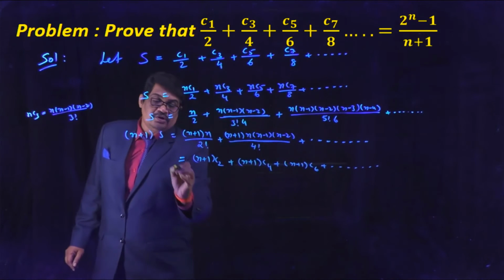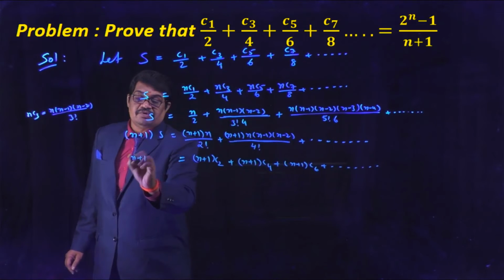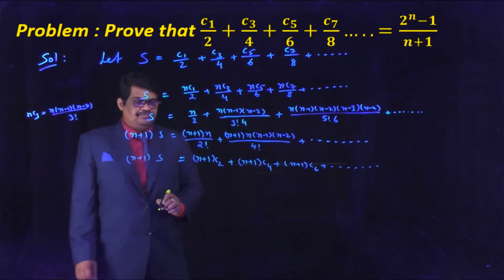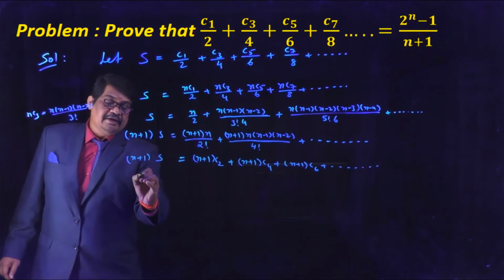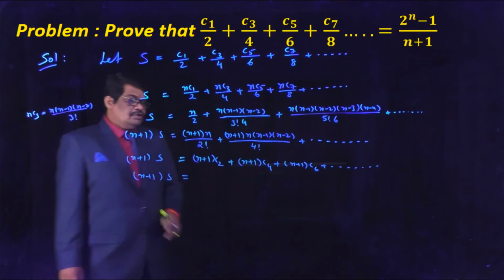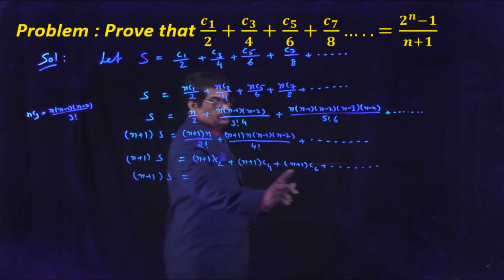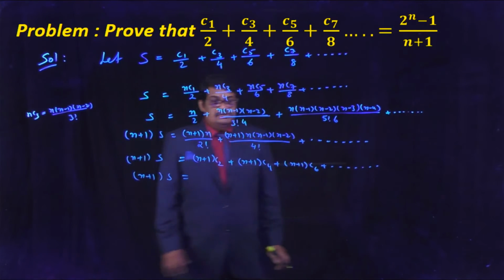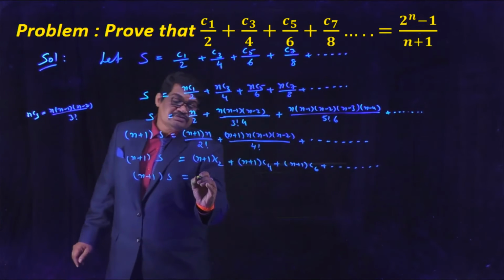Now the LHS n plus 1 into S is equal to C2, C4, C6 and so on. Now we add n plus 1 C0.